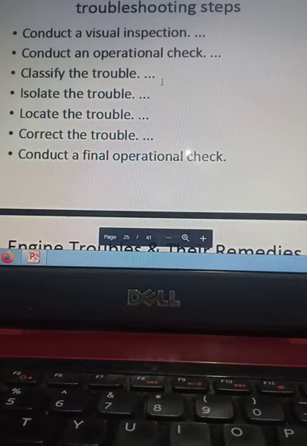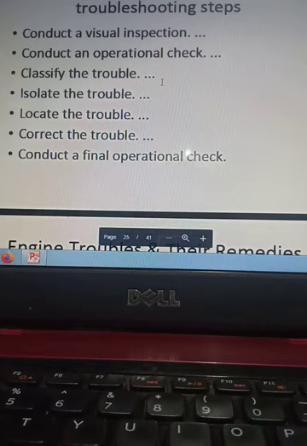Then number 5, you have to correct the trouble. So in most cases, you have to detach all unnecessary parts in order to save time, and you save time in your work.